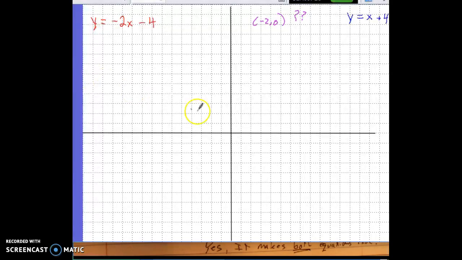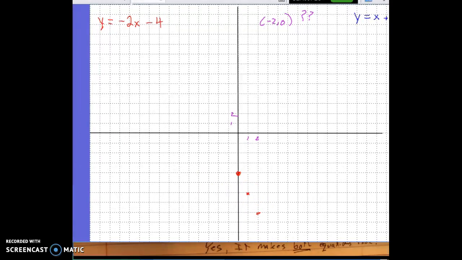We graphed our two. Again, let's count by ones for a scale. Graphing y equals negative 2x minus 4, y-intercept negative 4, slope negative 2 over 1. So right here is the first line. Okay, that's our first line.